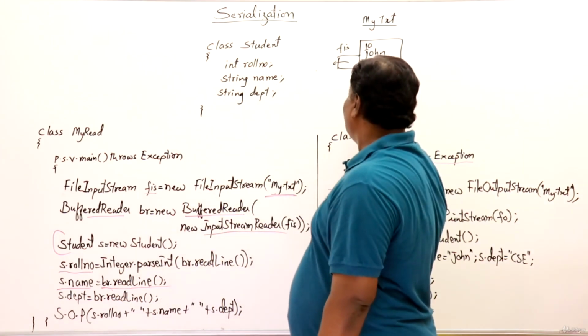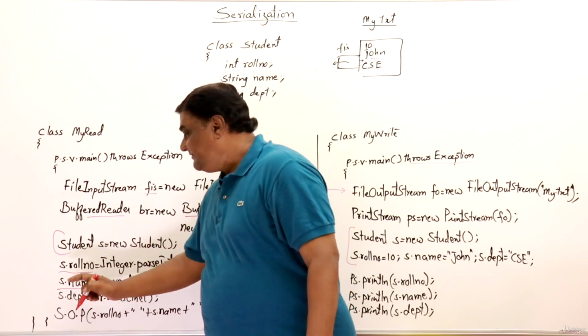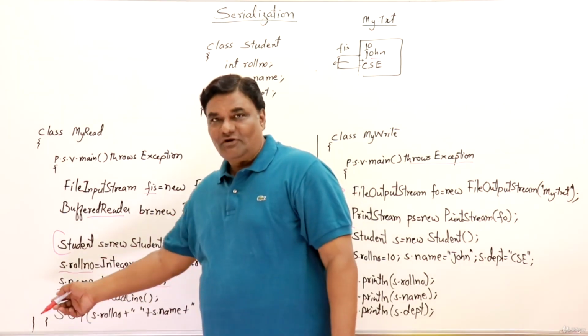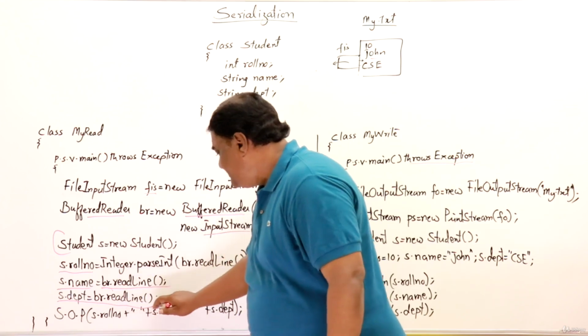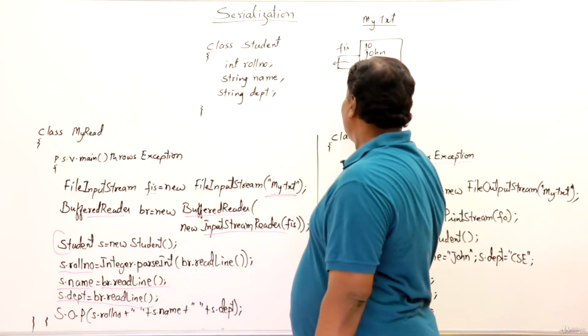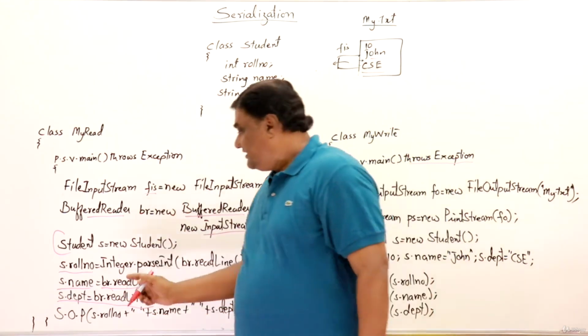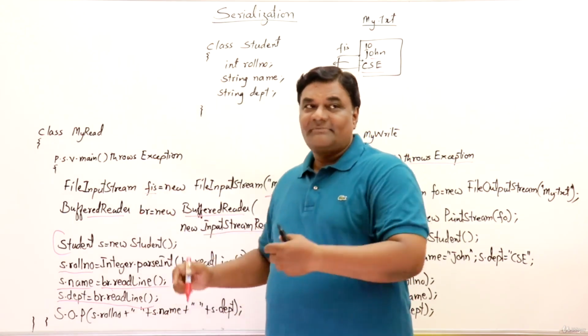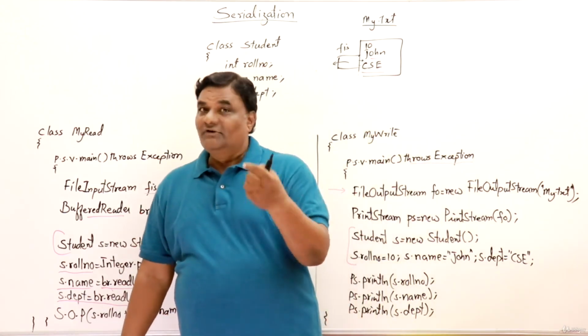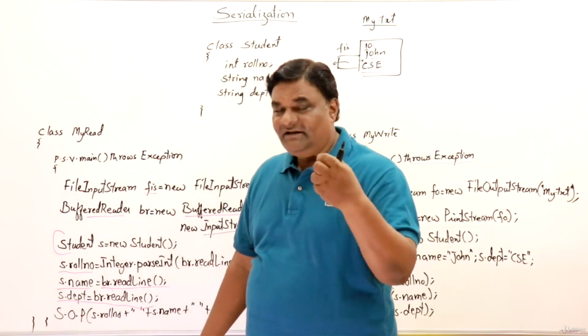It will read this name and store it in the name variable, which is a member of student. Then next s.department, that is br.readLine. It will read this CSE and fill it. Now you can see that the student object is being filled by taking the values from the file.